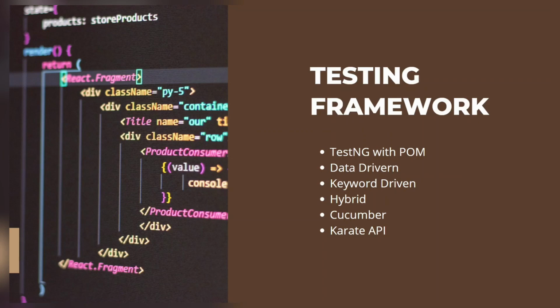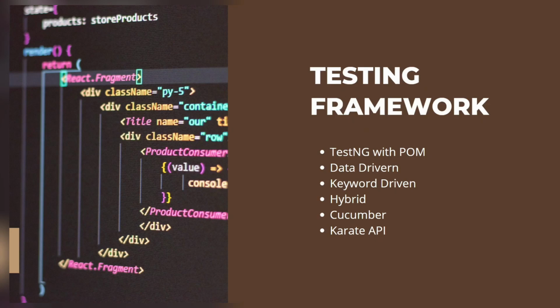Then we have the behavior driven development, BDD, framework like Cucumber. This is the most used framework right now in the market. So I will say when you are learning frameworks, first start with TestNG with POM, which is the very basics, and then move to maybe data driven, hybrid, and Cucumber. When you start learning Cucumber, you should have knowledge about the Gherkin language as well.